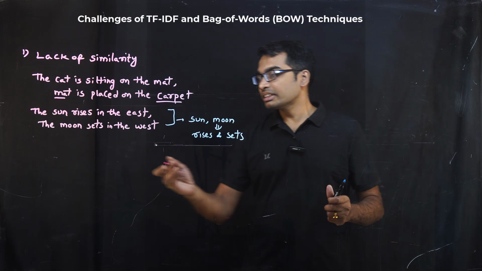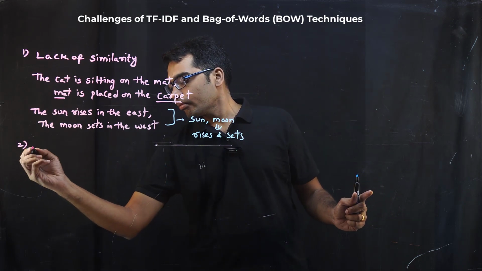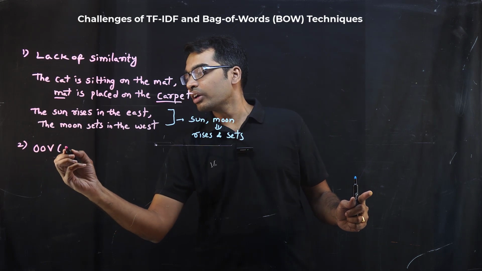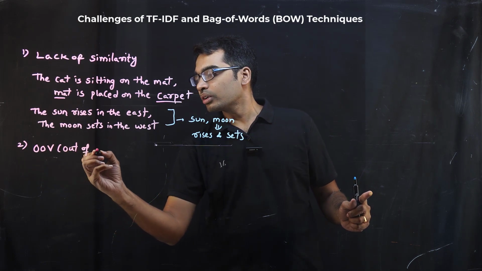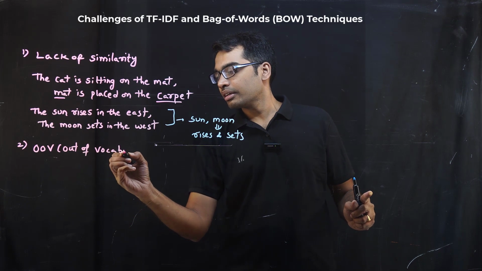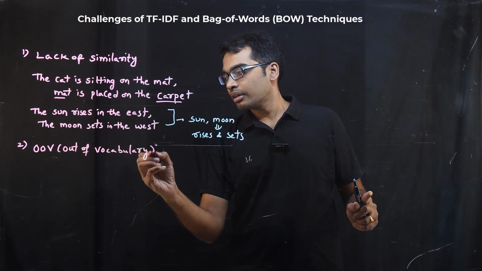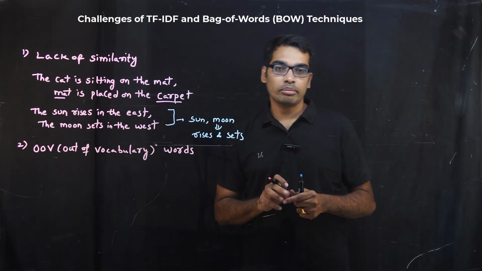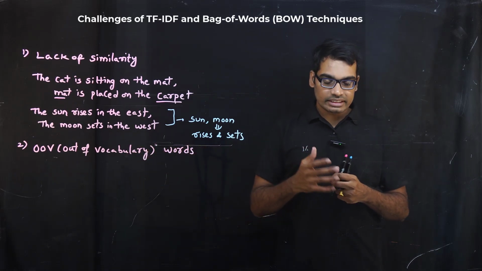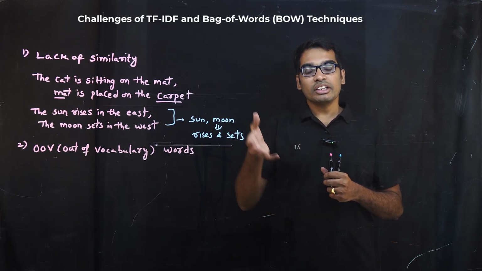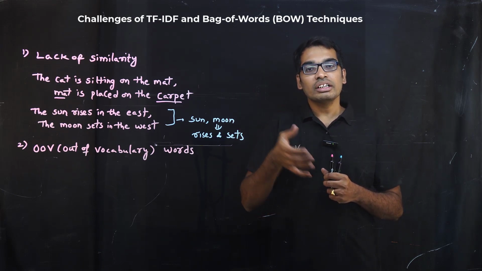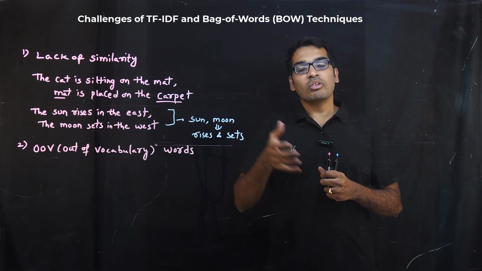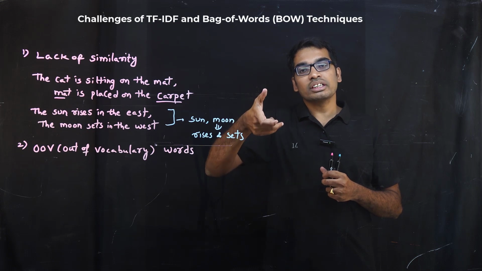And then the second challenge is out of vocabulary words, which is called OOV. It is the inability to handle out of vocabulary words. Think of it like this: you have some training data to build your TF-IDF model, and with it you have made your vocabulary, let's say 10,000 tokens.